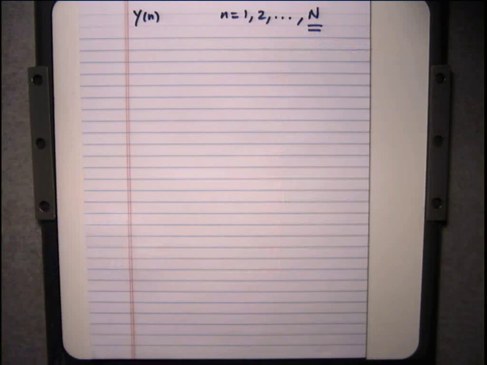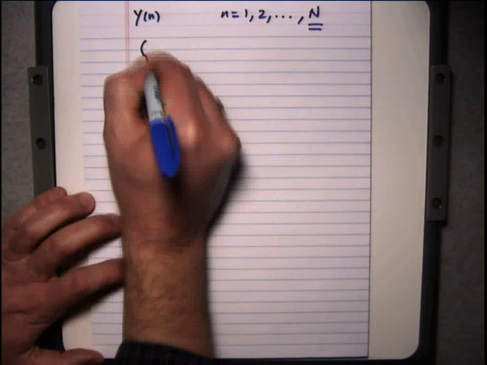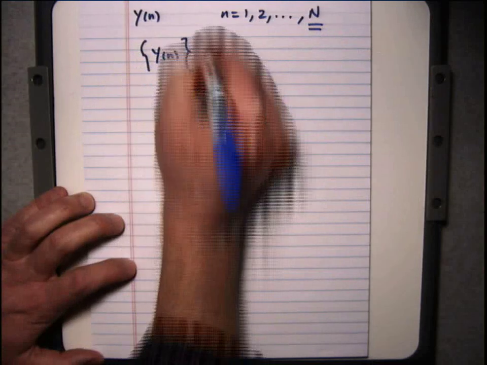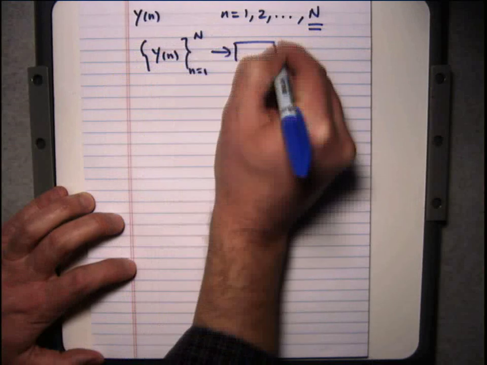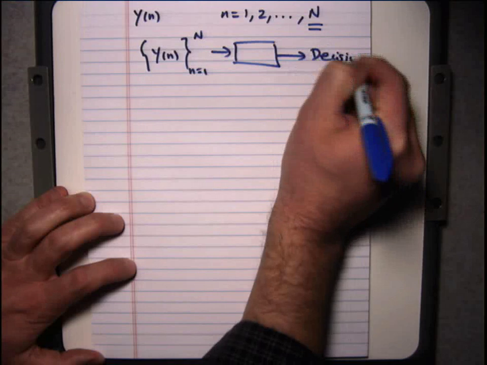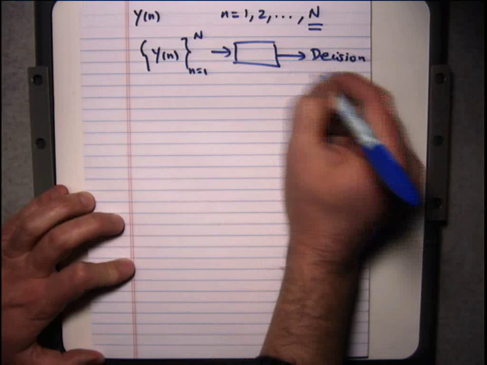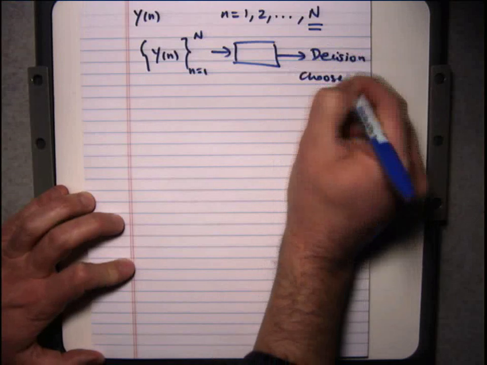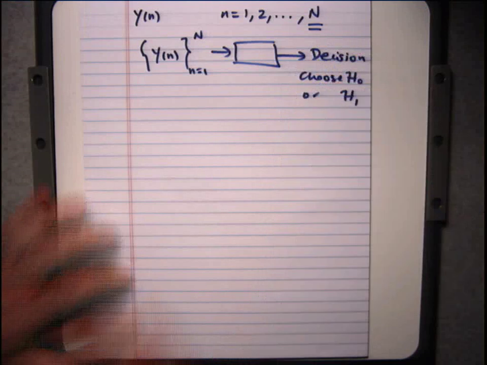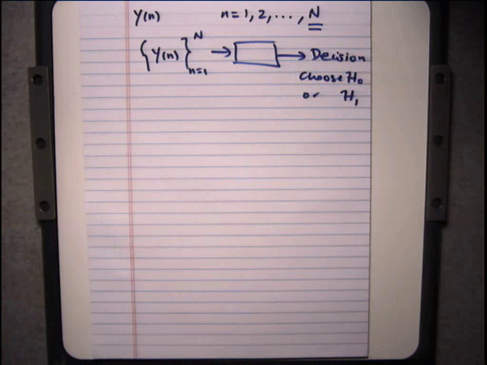I'm going to feed all of these data points, y of n, where n equals 1 to capital N, into this box, and come up with a decision: you choose the null hypothesis or H1. So how do we design this box is the question that we will be addressing in this class.